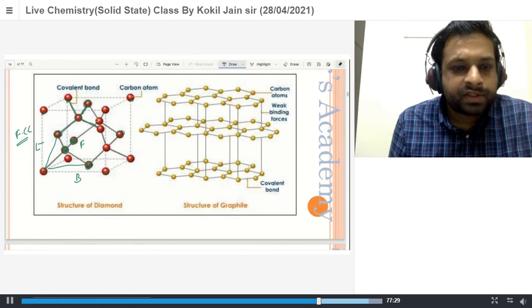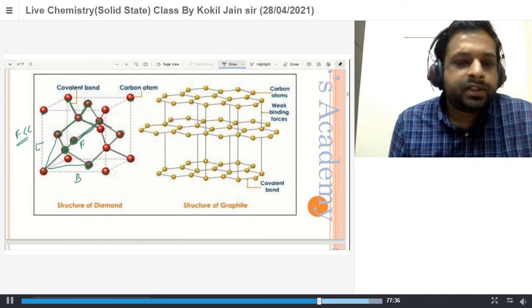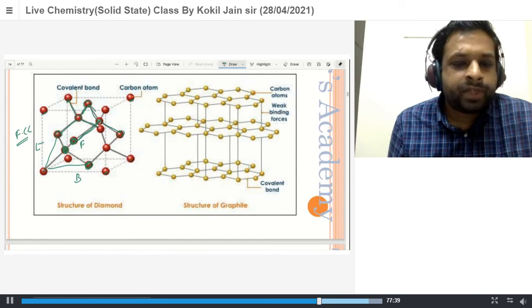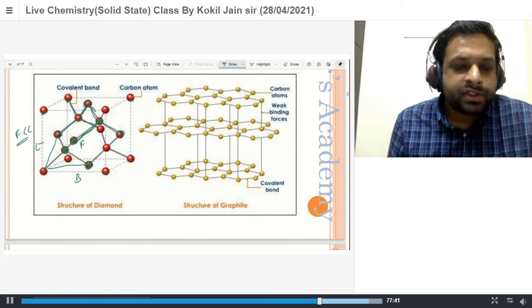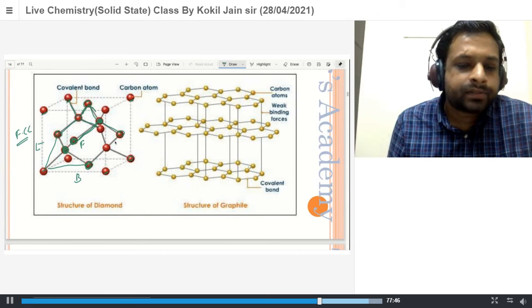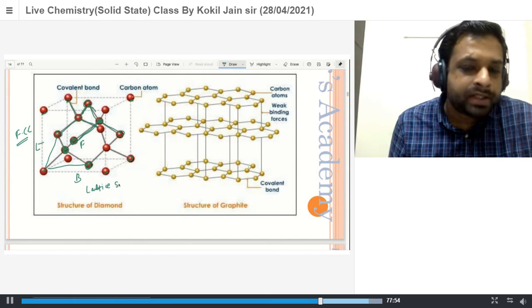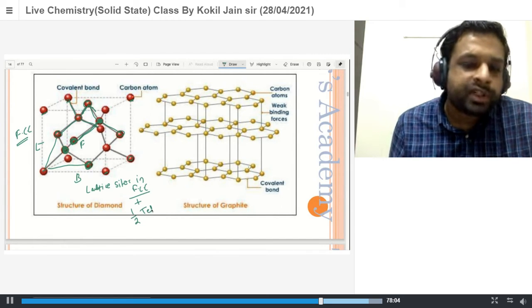See, from this face and from the top face, this is a tetrahedral void. Similarly, you can see here, this is one bond. What you will see is, in the FCC lattice all lattice sites are occupied, plus half of the tetrahedral voids.